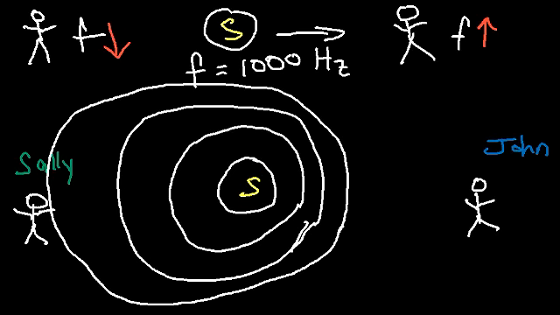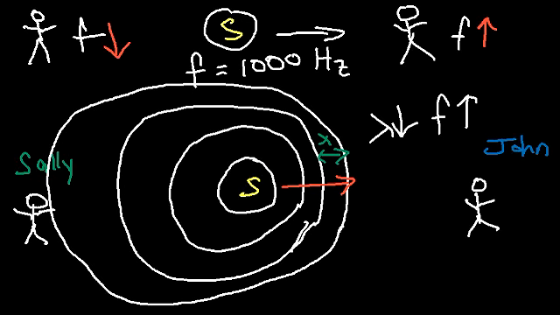My circles aren't perfect, but the idea is that as the source moves towards the right, notice that the wavelength, the distance between the wave crests, is decreasing. It's less than what it is on the left side. And as the wavelength decreases, the frequency increases.